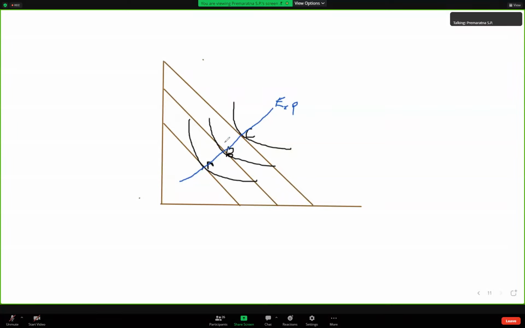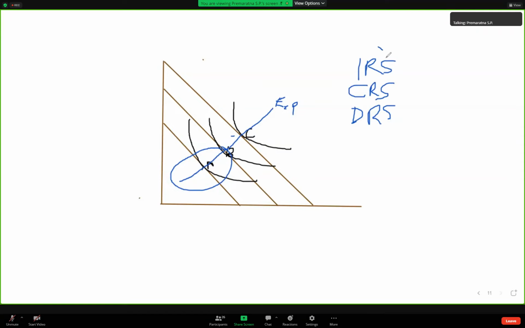Now, when the firm expands like that, in the initial stage, as we discussed some time back, there is increasing returns to scale initially, then it comes to constant returns to scale, then decreasing returns to scale.